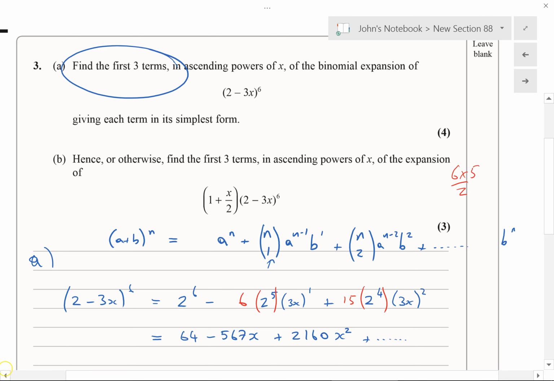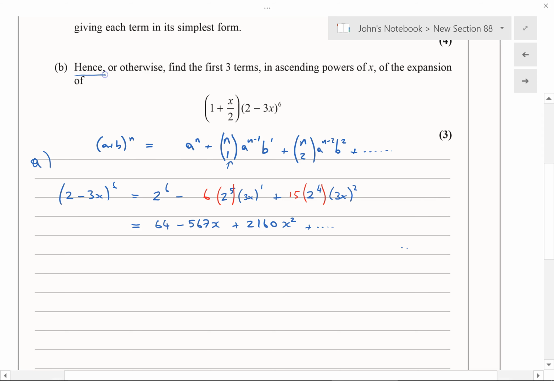Okay. Now the next thing says, hence or otherwise, find the first three terms in ascending powers of x of this expansion.